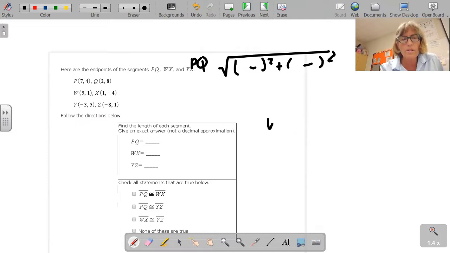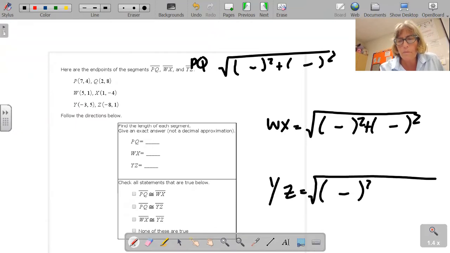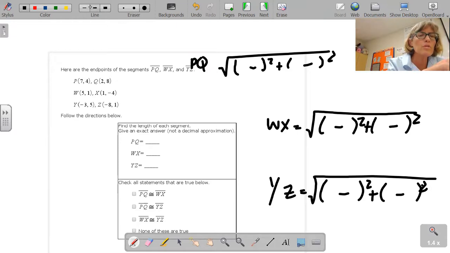And then WX template. And then YZ template. And it's Y minus Y over X minus X. So there's your Y's, 7 and 2. Your X's are 4 and 8. I'm moving from left to right.